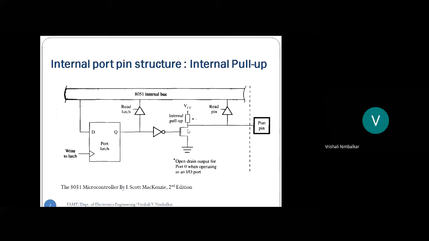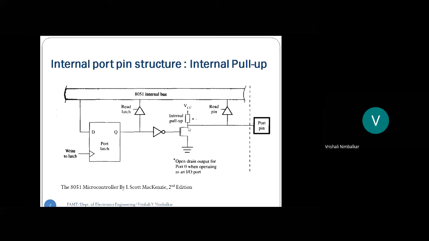See, the MOSFET is off, means it is disconnected. There is no connection to the ground, means it is disconnected. So then this pin gets connected to VCC. Is that okay? Whenever the MOSFET is on, the pin gets shorted to ground. So whenever the MOSFET is on, the port pin gets shorted to ground and the output is 0.